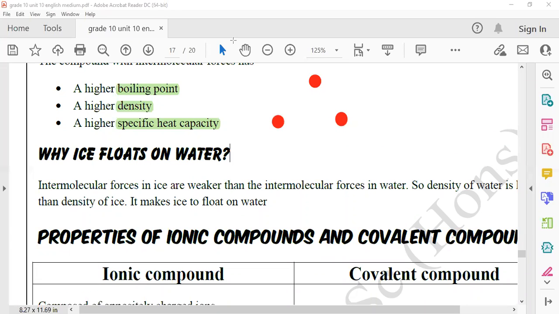Lattice means we need a pattern, no? So during this pattern formation, because the molecules are kept at a distance, the attraction between the two becomes less. Low. Understood?